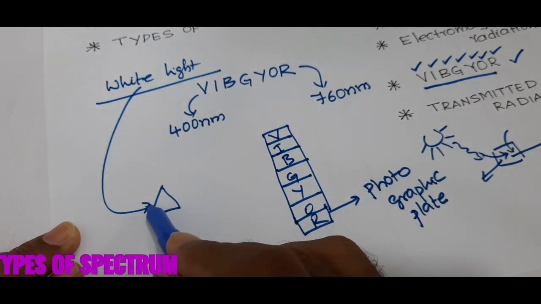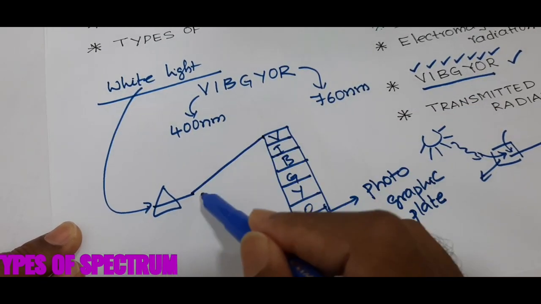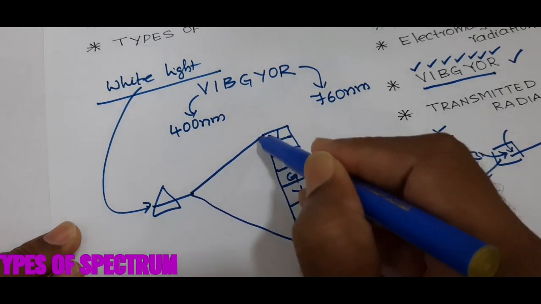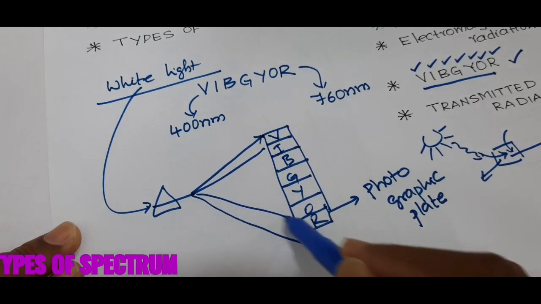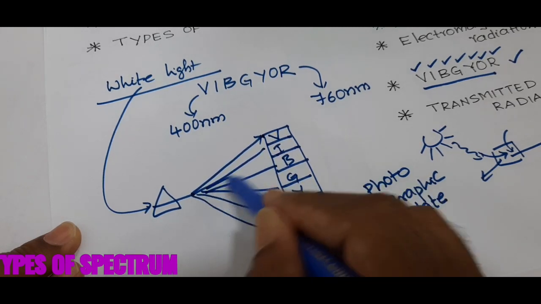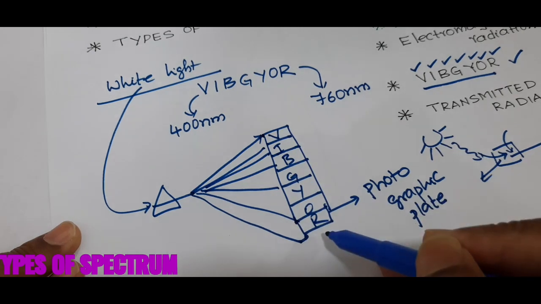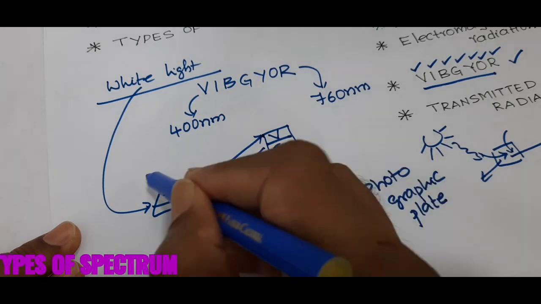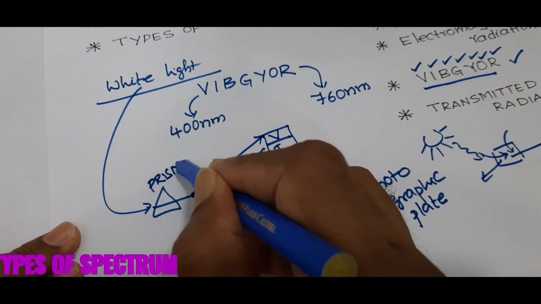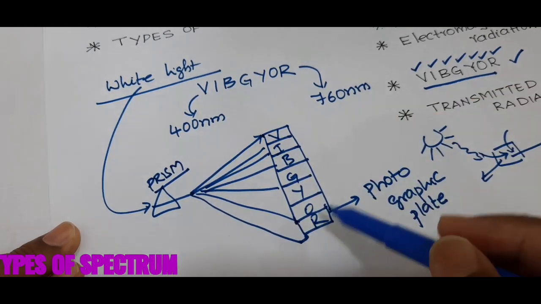Right? It is formed due to diffraction. So this arrangement is called a spectrum. This can be considered as a prism. This is called the photographic plate.